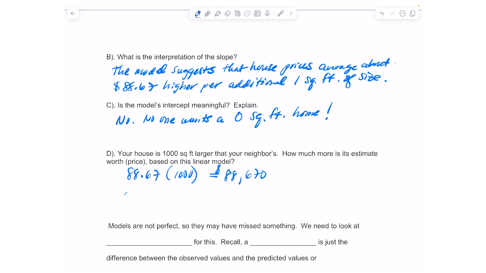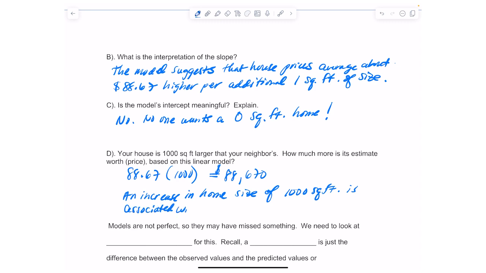So an increase in home size of 1,000 square feet is associated with an increase in price of $88,670 on average.